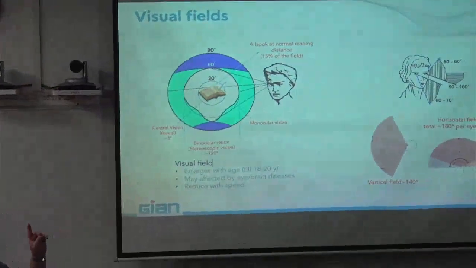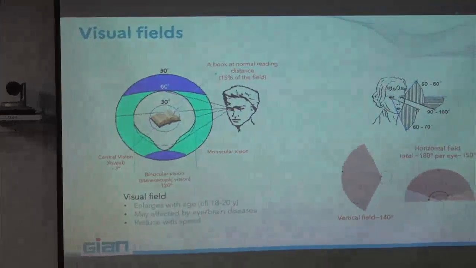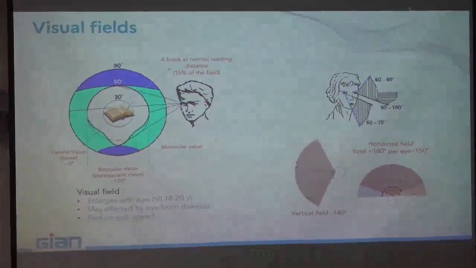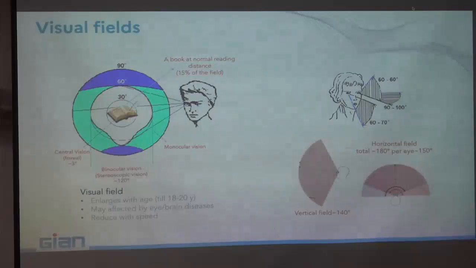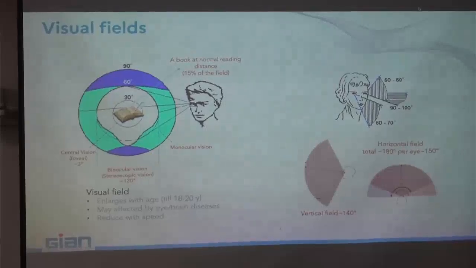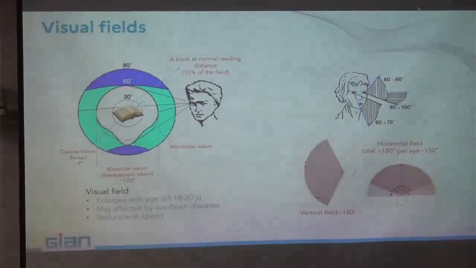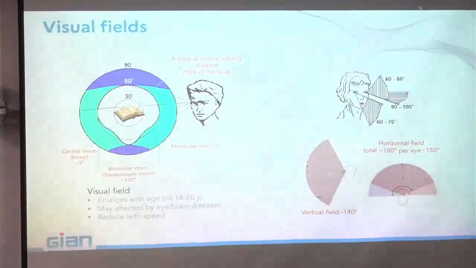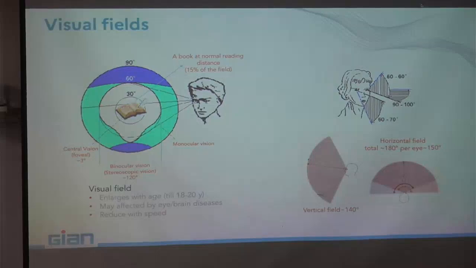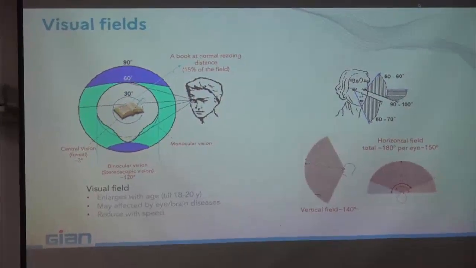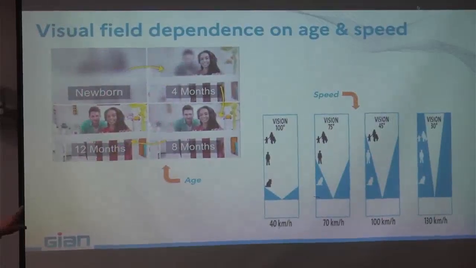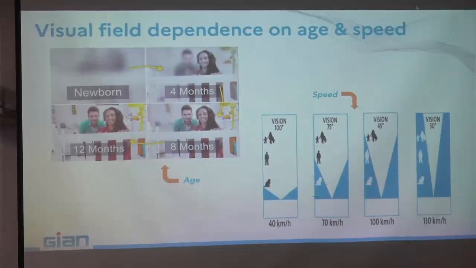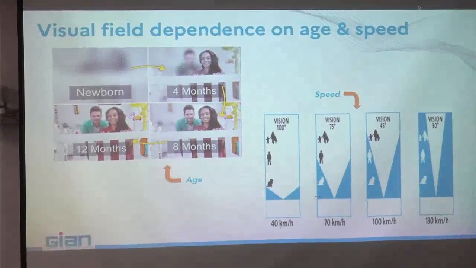However, the visual field we discuss here changes with age. It changes, of course, if you have any brain or neurodegenerative diseases, but it also changes with speed of motion. Normally, as I told you, it changes with age. A newborn baby sees almost 30 degrees in front of him.